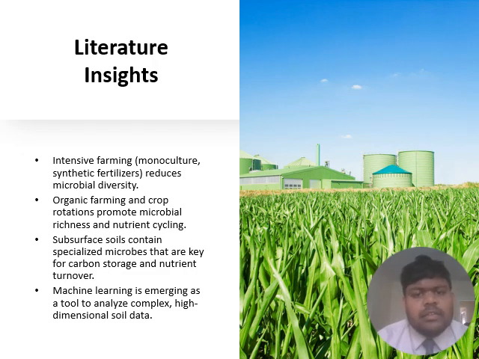Subsurface soils, while less diverse, contain specialized microbes that play a vital role in long-term carbon storage and nutrient turnover. Given the complexity of soil and microbial data, machine learning is emerging as a powerful tool for revealing patterns and making accurate predictions.